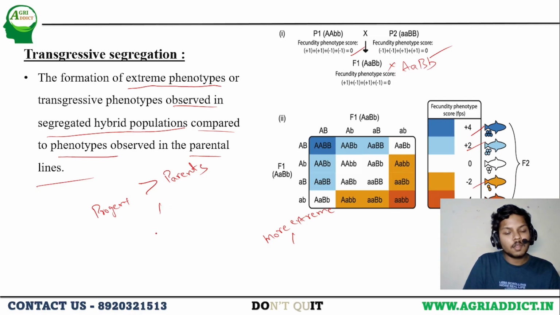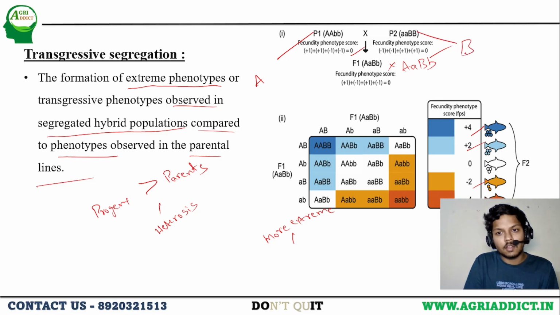And this is the principle we use in heterosis also. Right? You can see why it is getting more expression: because one parent has dominance in one allele, the other parent has dominance in the other allele. So when these two are crossed, the hybrid has both alleles as dominant. So if we self this, we get some extreme phenotypes which can be used for our purpose.